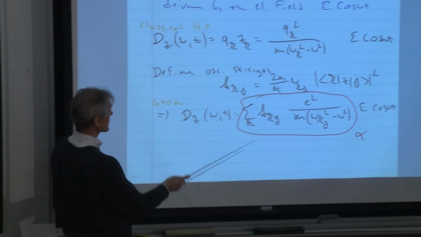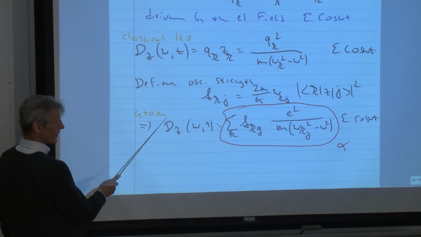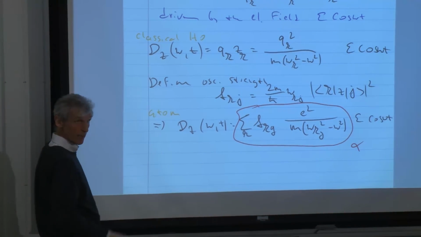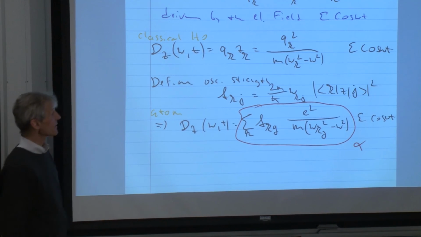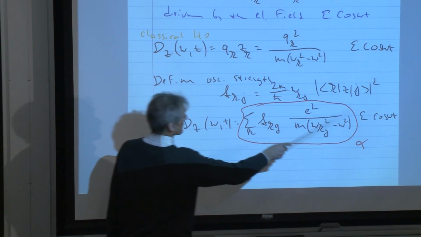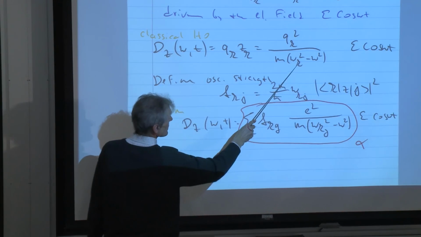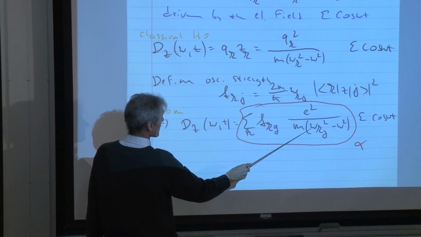Well, let's now compare the result of a quantum mechanical atom, exactly described by time-dependent perturbation theory, to the result of a classical harmonic oscillator. The frequency structure is the same.